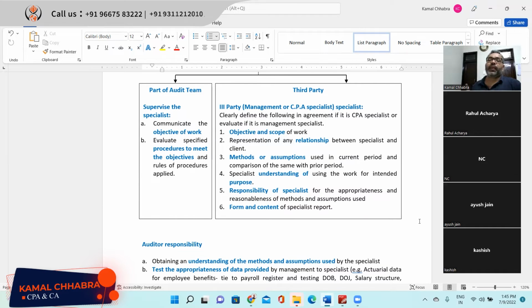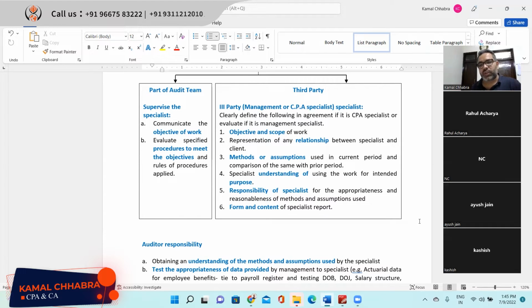Then method or assumptions they are using. For example, you have involved actuarial, whether they are using Black-Scholes model or different models, we need to understand what model they are using and what assumptions they are considering for the current period or previous period.